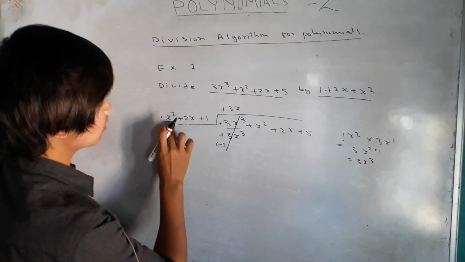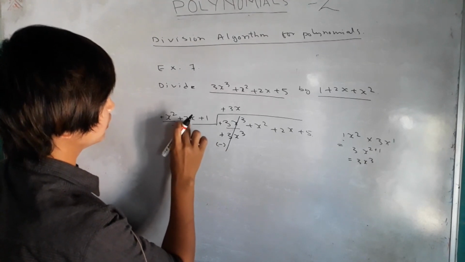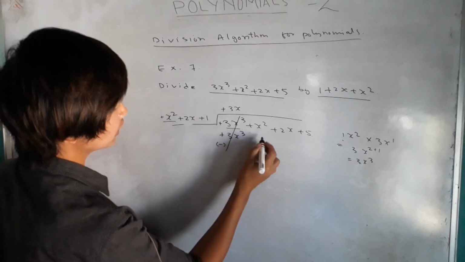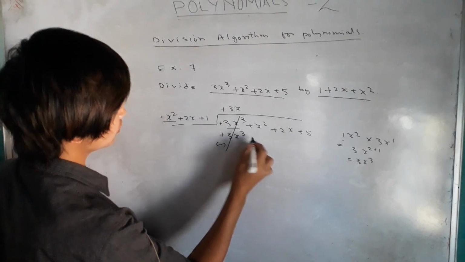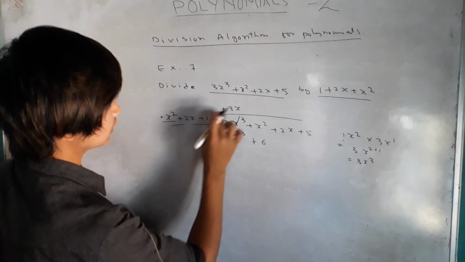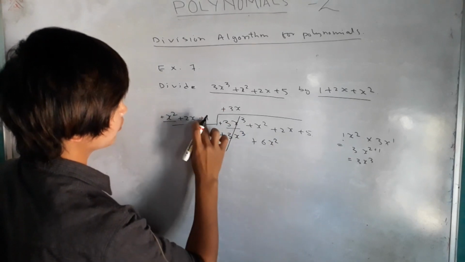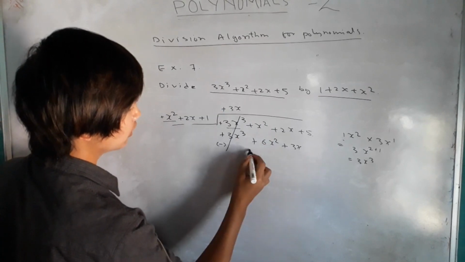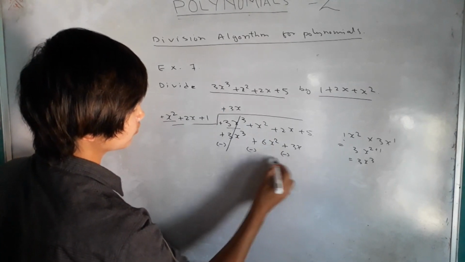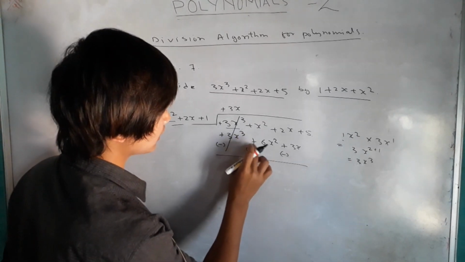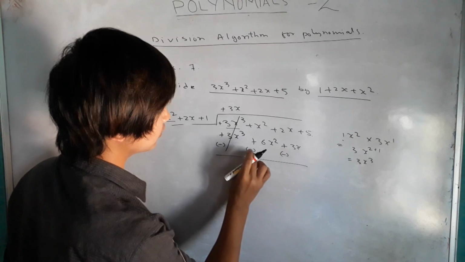I am done with this number, so I have to try with this term also. Plus into plus, plus 2 into 3, 6, x into x, x square, plus into plus, plus 1 into 3x, 3x. Here will be the opposite sign. See here, this plus sign and this plus sign will be neglected.